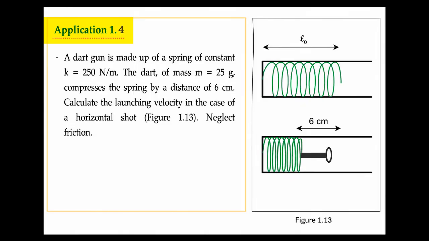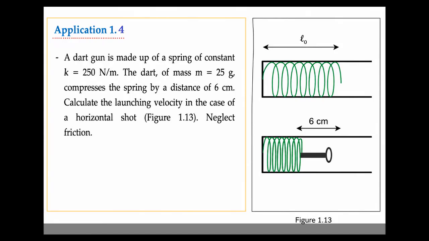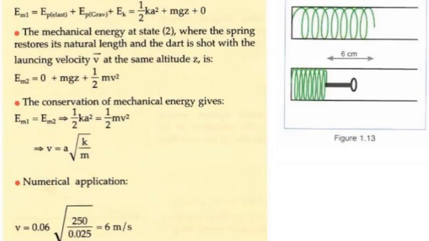Application 4. A dart gun is made up of a spring of constant K = 250 Newton per meter. The dart of mass m = 25 gram compresses the spring by a distance of 6 centimeters. Calculate the launching velocity in the case of a horizontal shoot. Neglect friction. To solve this application, we have two states.